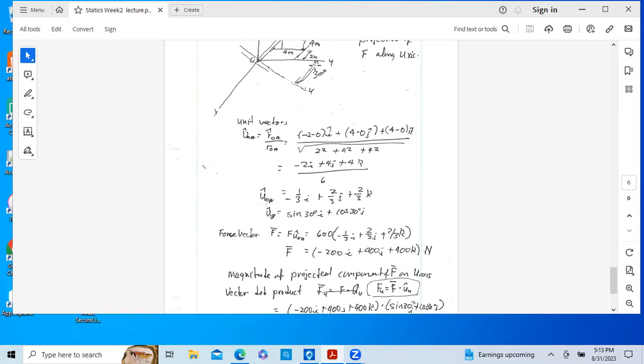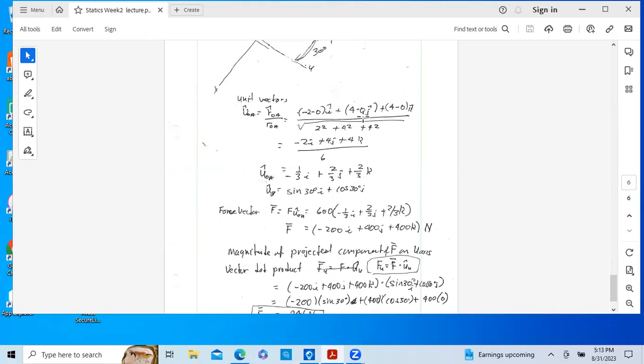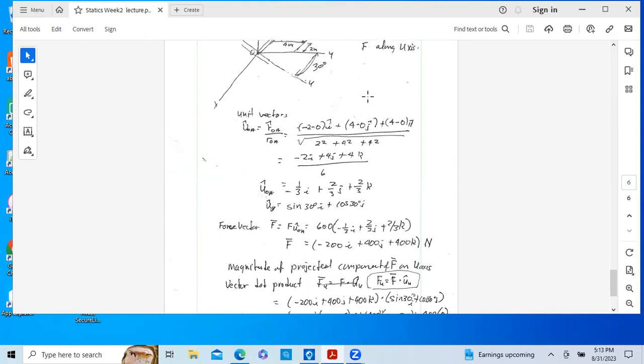So we're going to use the sine of 30, it's opposite, as a direction. The other component is along the y-axis, so used in the xy plane.